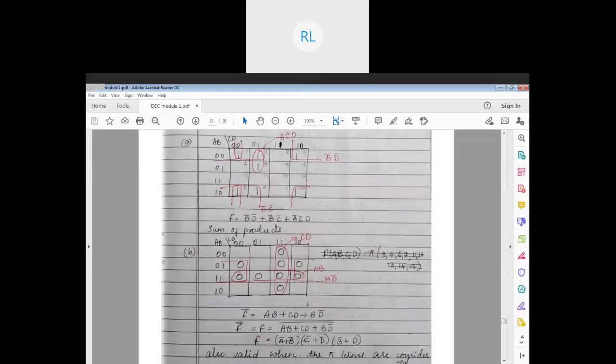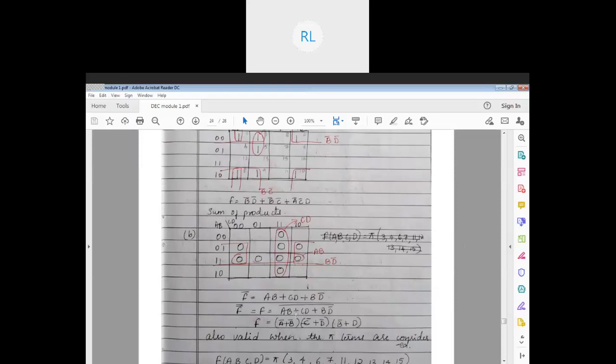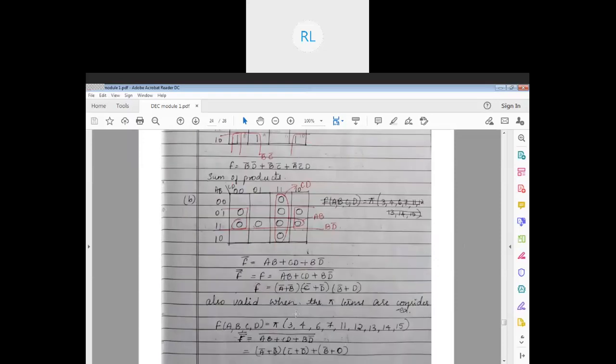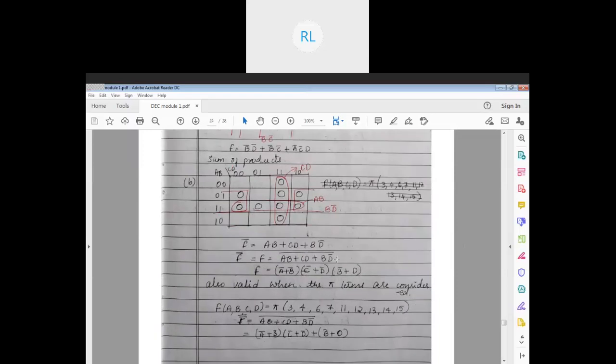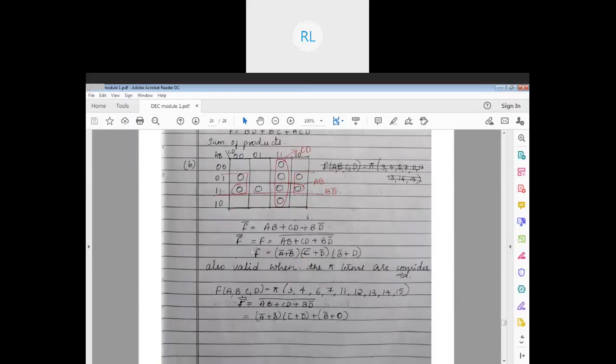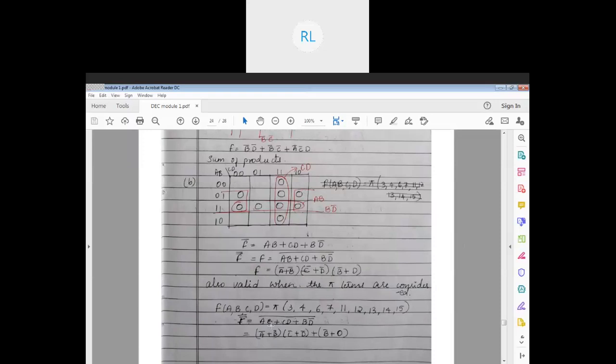Okay, Surya, thank you for that confirmation. Only thing to keep in mind, we are putting ones as usual for SOP form. For POS form, we are putting zeros, and once we get that equation, we have to bring it into POS form. So I have to use a bar. If I don't use a bar, what's happening? It is the sum of these products, right?